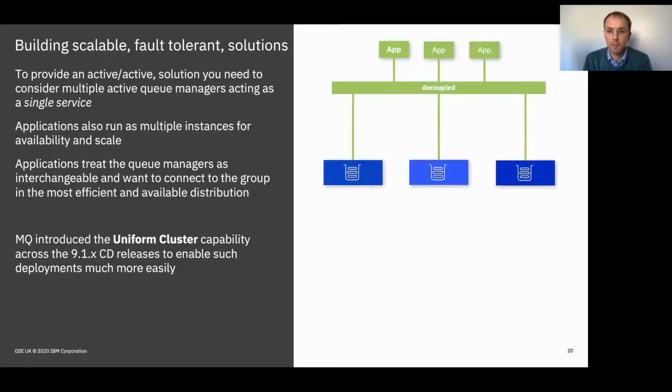So here we have multiple instances of an application and multiple queue managers that those applications can connect to. And we have to then connect those two together to provide the service framework. There are a number of challenges when building such a system that supports a single service, but we've added a capability called uniform clusters to support this, which we'll now discuss.